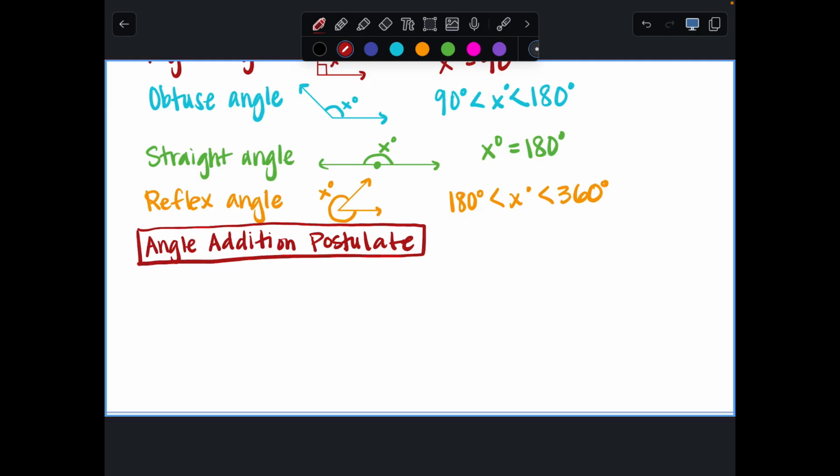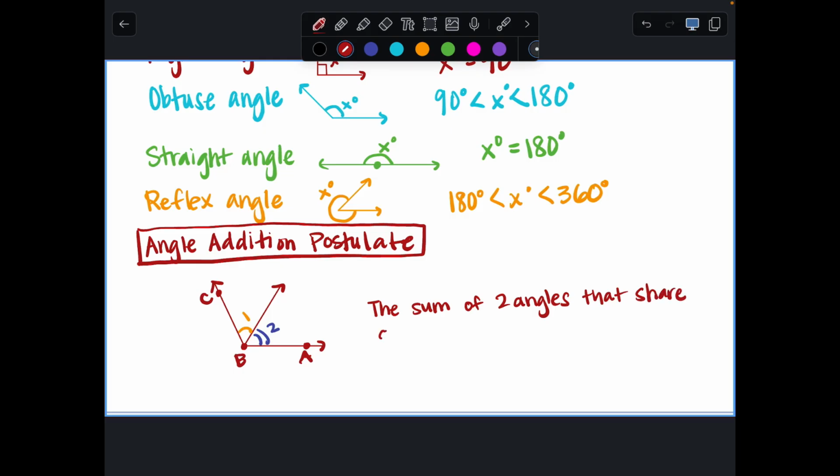So now we're going to learn the angle addition postulate. The sum of two angles that share a side and a vertex will equal the angle that contains them.